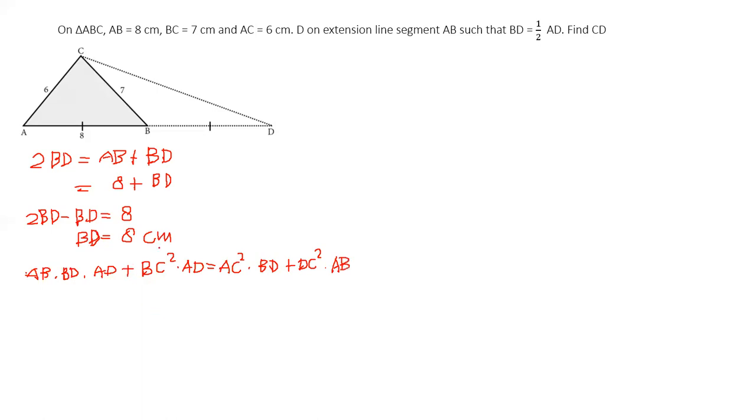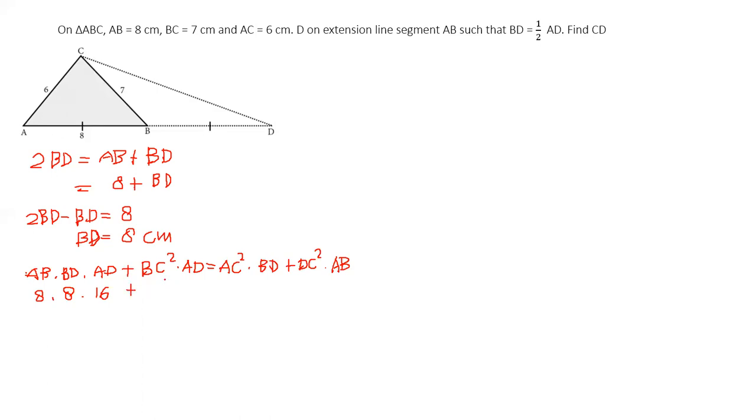We need to find DC squared. AB is 8. BD equals 8 as well. AD is 16, because 8 plus 8.